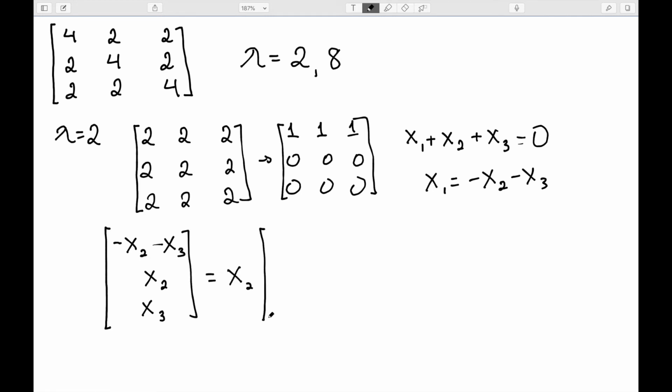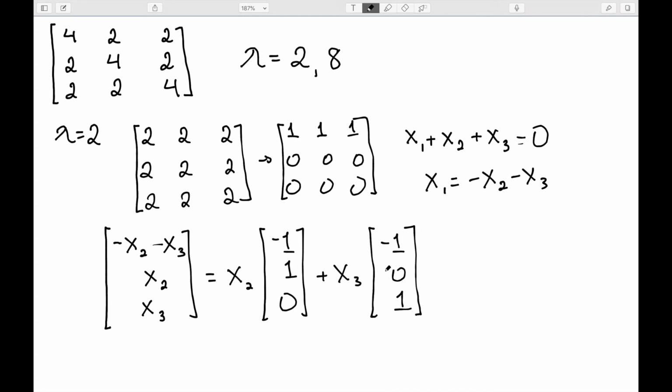The coefficients of x2 are negative 1, 1, 0, and the coefficients of x3 are negative 1, 0, 1. So now I need to actually apply the Gram-Schmidt process to these vectors.